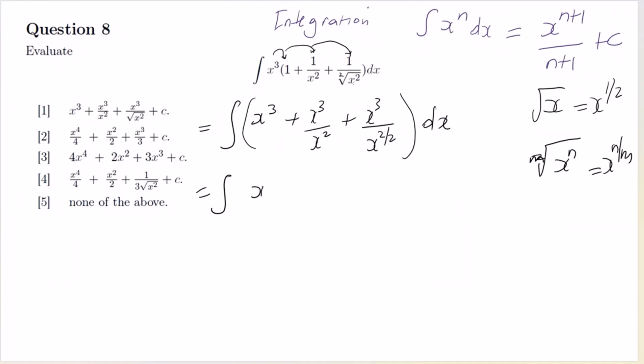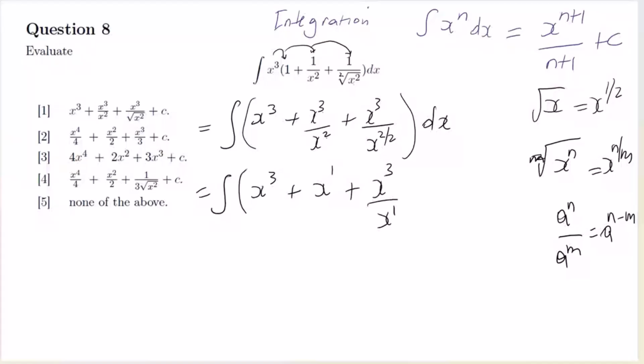So this is x cubed plus, you've got a quotient a to the n over a to the m. This is equal to a to the n minus m. So I'll do that, which is going to be 3 minus 2. That is going to be equal to 1. And then plus here is going to be x cubed over x to the power 1.